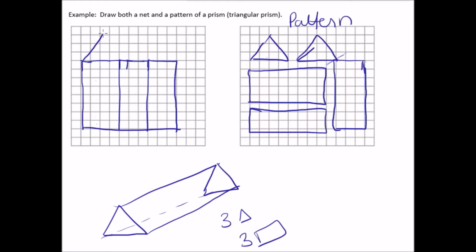Okay, then we're going to have our triangle and our other triangle. So we'd have to extend that graph paper, or maybe just do a little bit smaller next time. Okay, so that is a net and a pattern of a triangular prism.